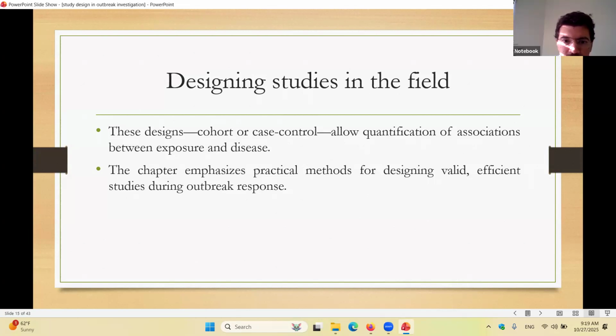This chapter of the book, a field epidemiology book, emphasizes practical methods for designing valid, efficient studies during outbreak response.